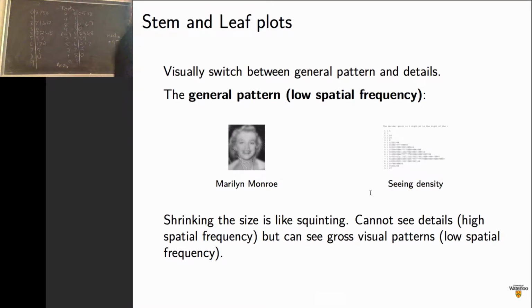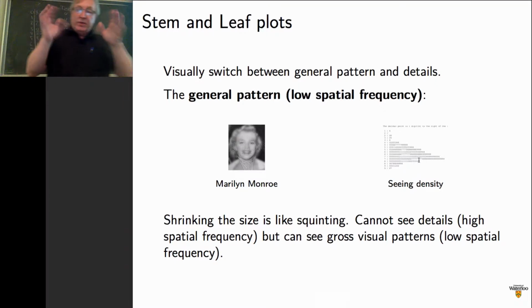So here's the effect of squinting this. If I were to reduce this so you only see the gross changes in the spatial density of that figure, you can't see the numbers anymore. What squinting looks like is a density, just like that looks like presumably Marilyn Monroe. Ever know Marilyn Monroe? Okay, on the left. So shrinking is like squinting.